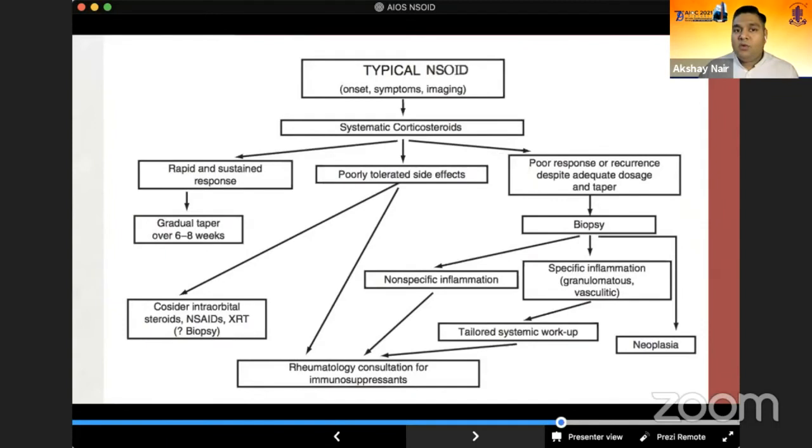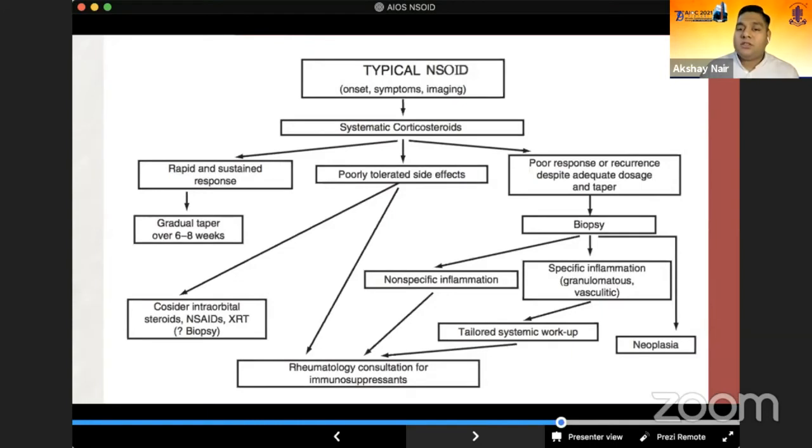Once you image, once you've done your investigations, you can give a short course of systemic corticosteroids. And if you get a good, rapid, sustained response, you taper it off, and that would be the end of it. However, if they don't tolerate it, you should then consider intraorbital steroids, which have a short duration of action, and possibly a biopsy.